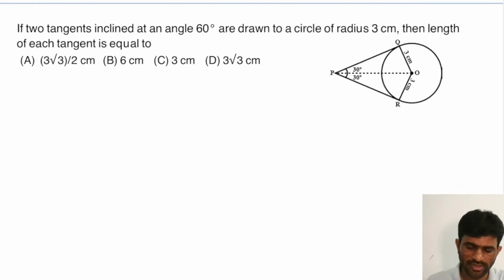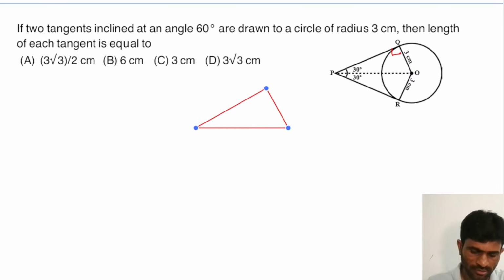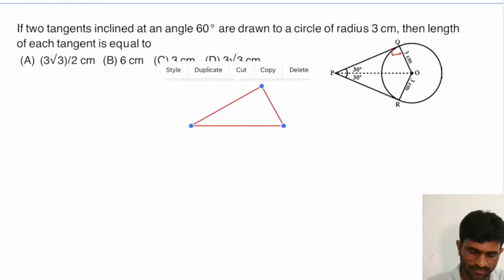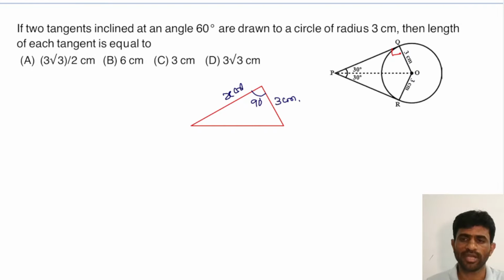Here again we use the same right angle triangle and the angle we know. So this is our right angle triangle, like this it is given. Here we know this is 90 degrees, and we know this is 3 centimeters. We want the length of the tangent. This angle we know is 30 degrees.